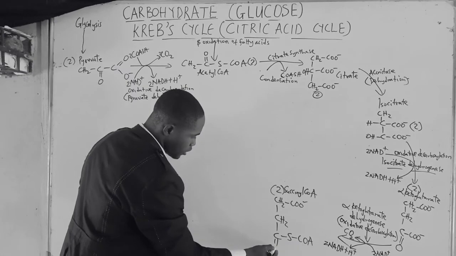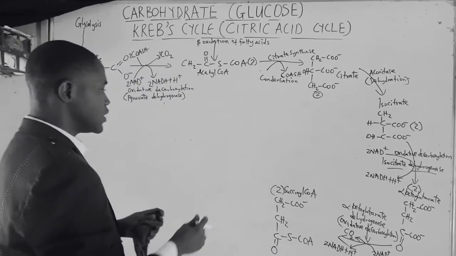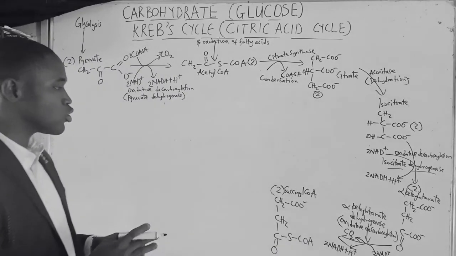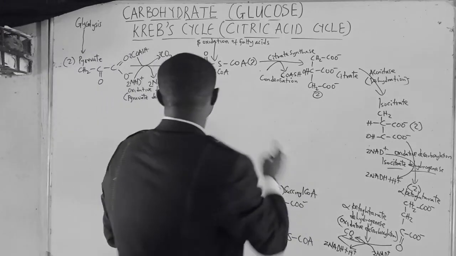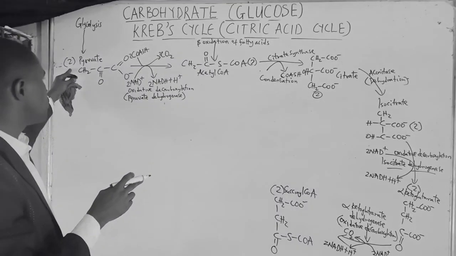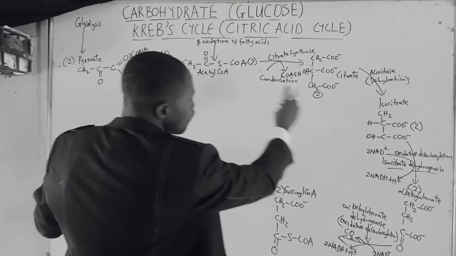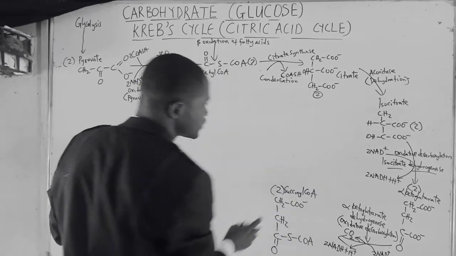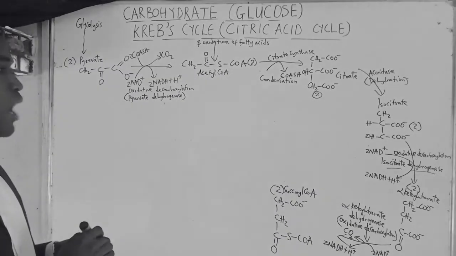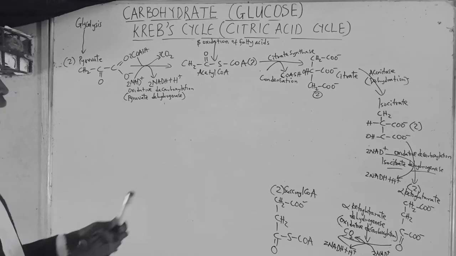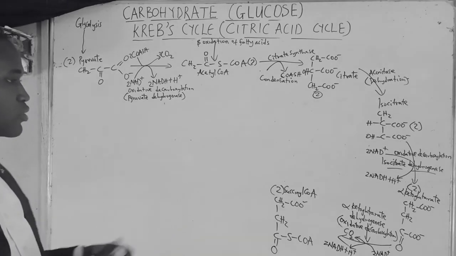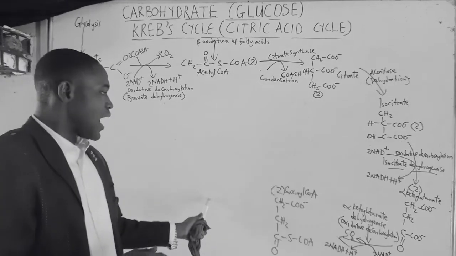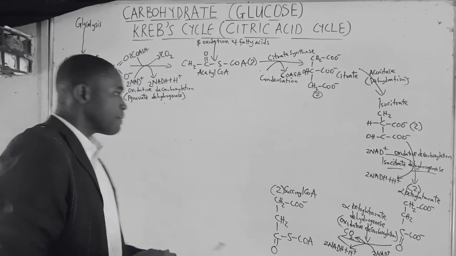So you put the double bond oxygen. This is called 2-succinyl-CoA. We have 2 because from the start we have 2 pyruvate, so they will move like this to get 2-succinyl-CoA. Then when we get to 2-succinyl-CoA, another step will take place by an enzyme called succinyl-CoA synthetase.